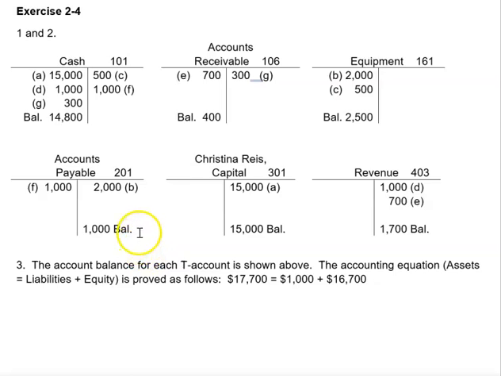And then we have liability of 1,000. And we have our equity of, if you add your revenue with your capital account, that would give us 16,700, and those added together is your 17,700. So you've just proved the accounting equation.